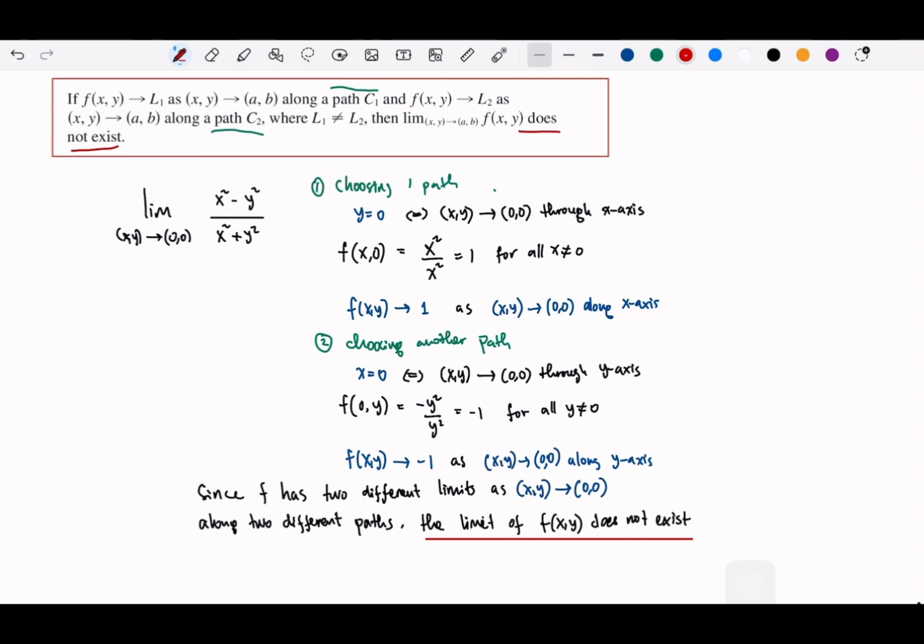It means that every time we have this limit, how we approach the point 0, 0 can actually be done in many ways. We could take the path along the x-axis, which means y equals 0, or take it along the y-axis when x equals 0.